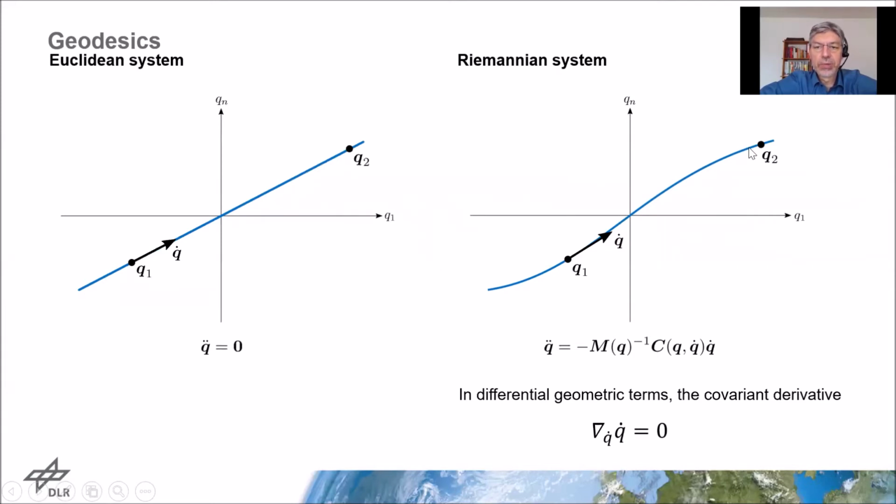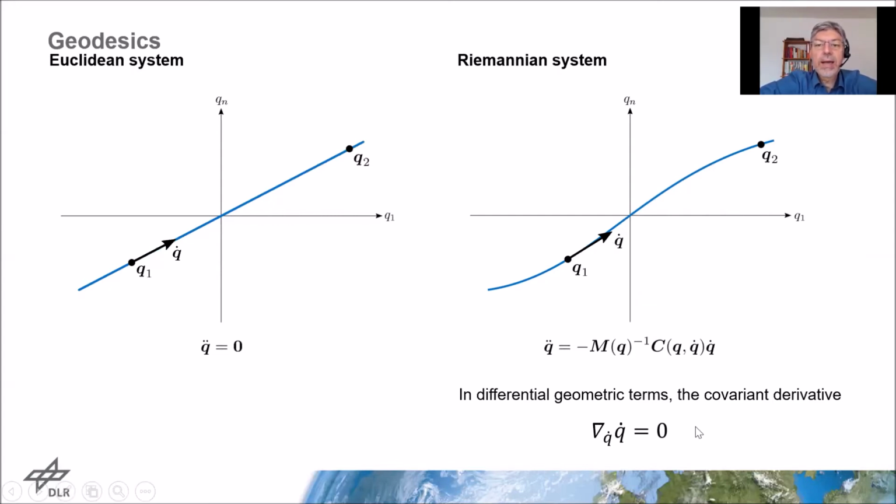The fact that geodesics are straight lines in Euclidean spaces but are curves in Riemannian manifolds makes us think about generalizing the notion of a normal mode on Riemannian manifolds as being a curve which is invariant no matter what the initial velocity of the system is, as long as the initial velocity is tangent to that curve.